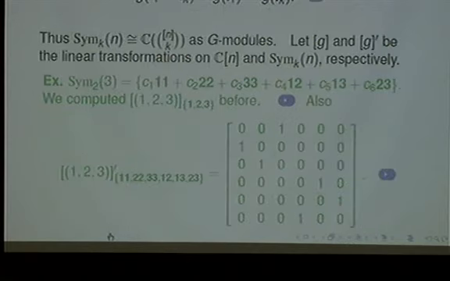This little block up here is that first 3-cycle on the first 3 elements, and this little block down here is the other 3-cycle on these 3 elements. And again, consistent notation: chi and chi prime will be the traces in these two different modules.